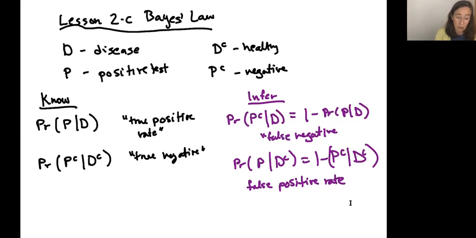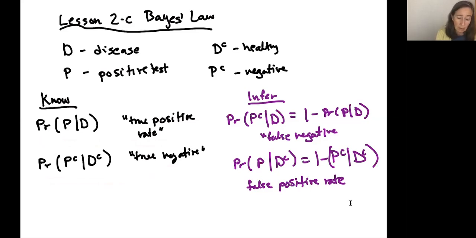So these two things, the true positive rate and the true negative rate, these would be things that clinical trials would establish. That's the sensitivity of the test, and the true negative rate is sometimes called the specificity. All right.